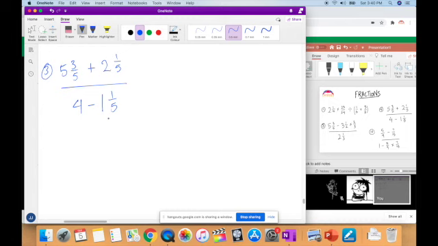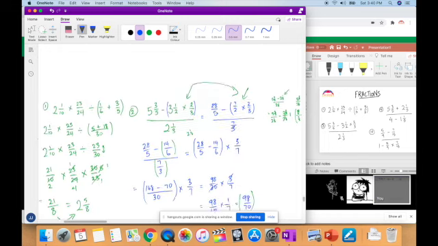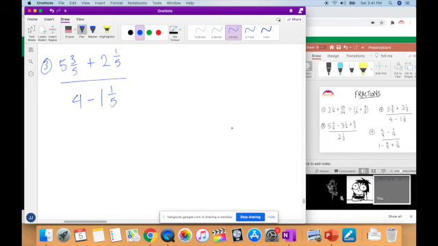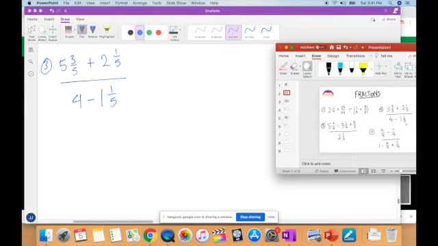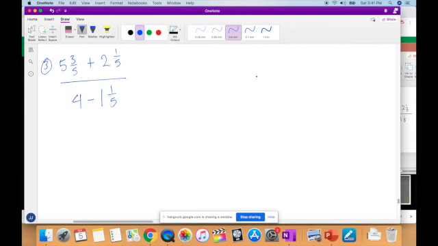Yes. So what you're trying to say is you're working the numerator first, and then you're working the denominator. Yeah, exactly. Right. That's correct.